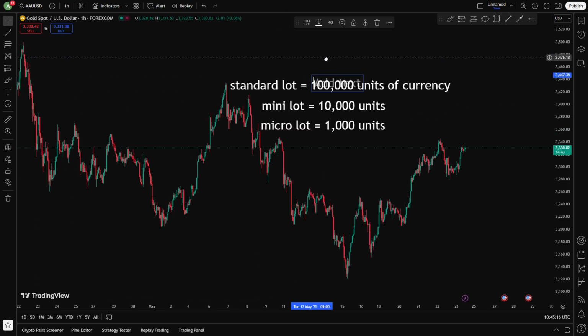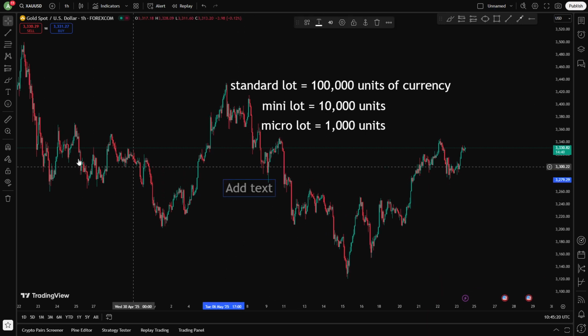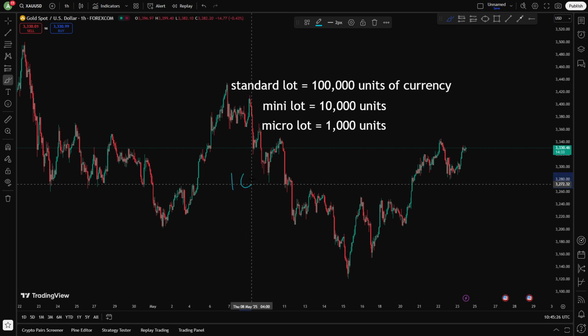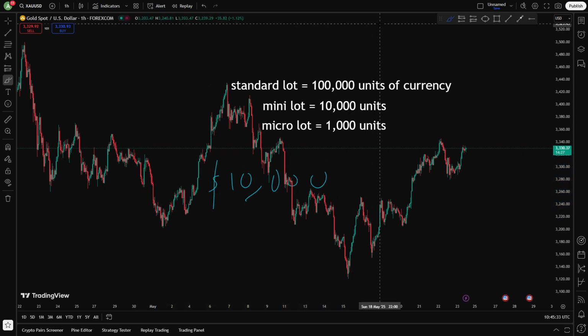Let's say you're trying to open this 100,000 units, and let's say that it will cost you something like $10,000. However, leverage helps with this.